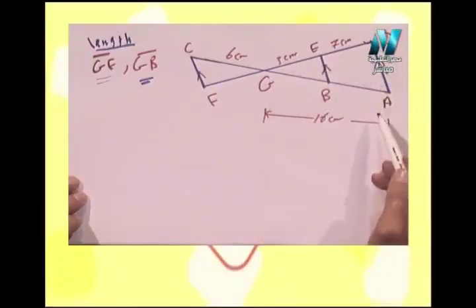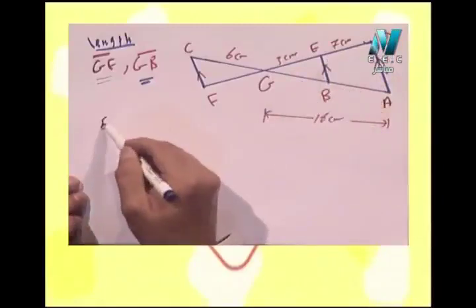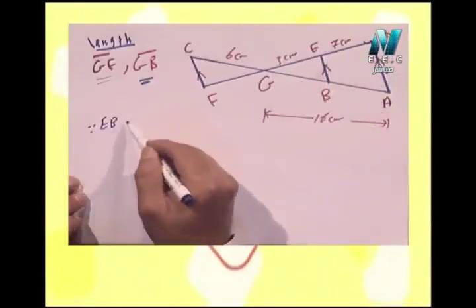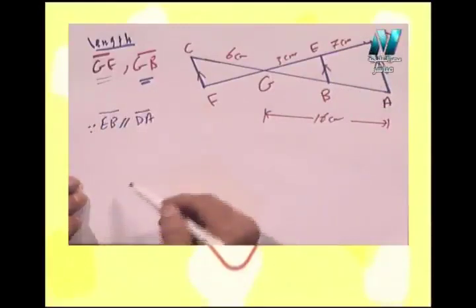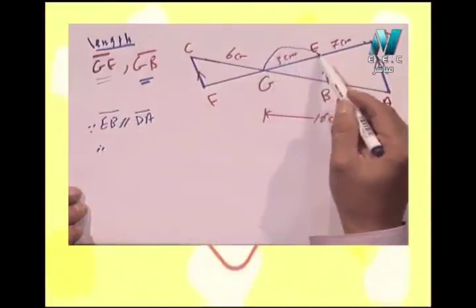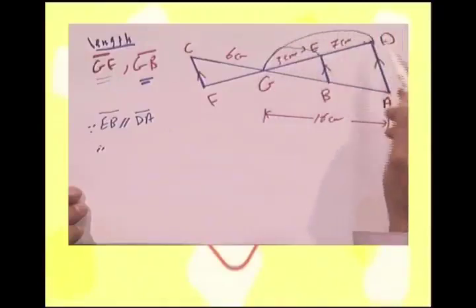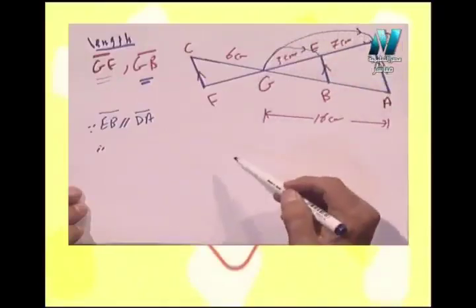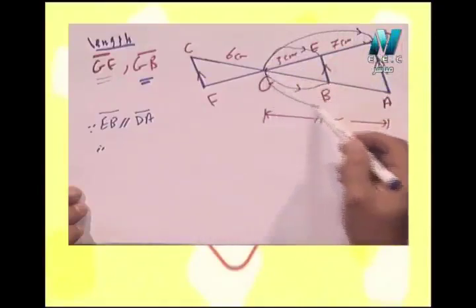Okay, let's first use this part, GDA. Since EB parallel to DA, therefore we can say GE over GD will be equal GB over GA.